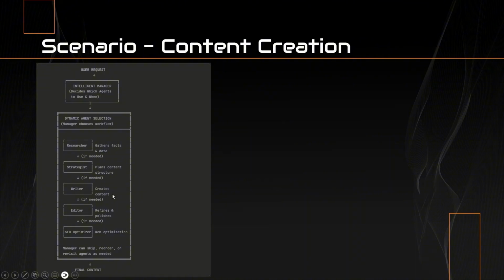Again, if needed, an editor will be called to refine and polish. And finally, if needed, an SEO optimizer does the job for web optimization and keywords and a lot of things like this. But again, I want to emphasize, the manager can skip, reorder, or revisit agents as needed. Finally, you will get what you want.